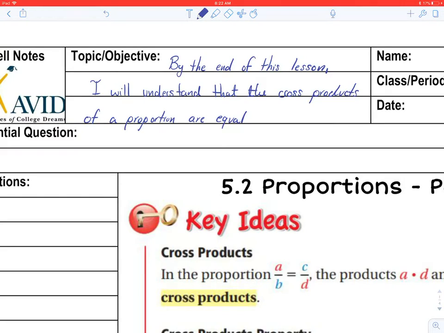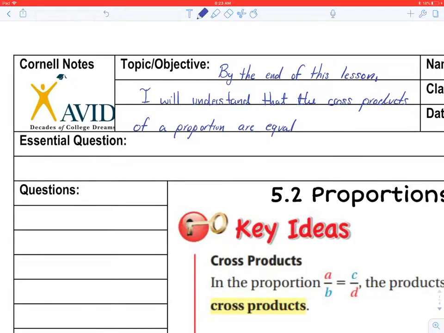If the two ratios are not proportional, that means they're not equal, then their cross products will also not be equal. So it has to be a proportion. The ratios have to be equal to one another for their cross products to be equal to one another.